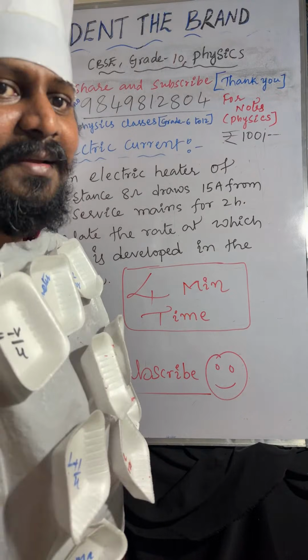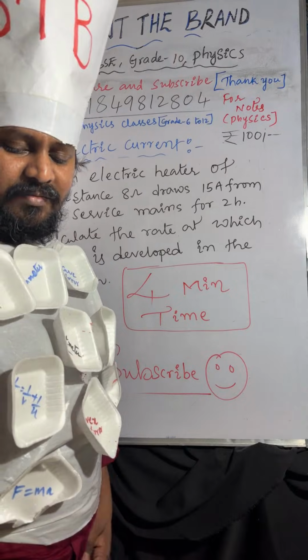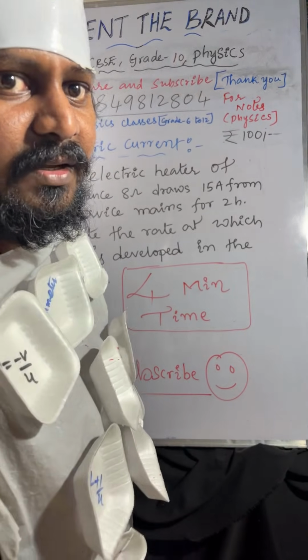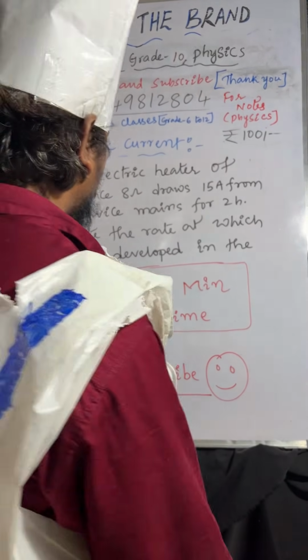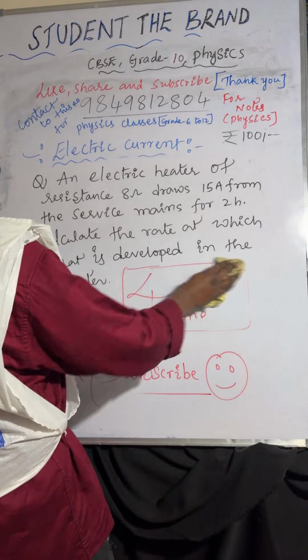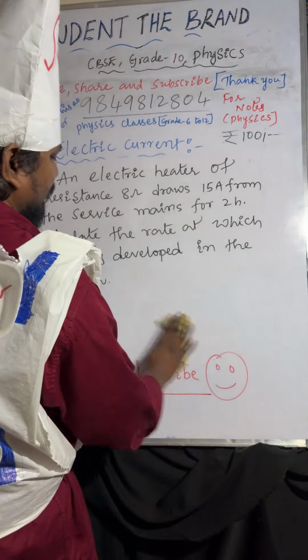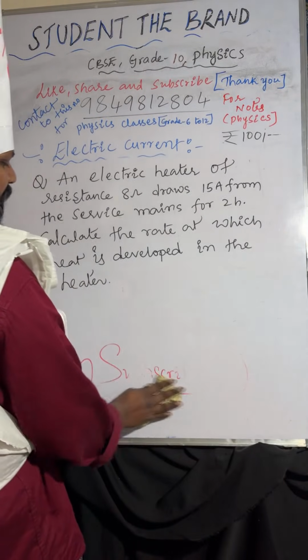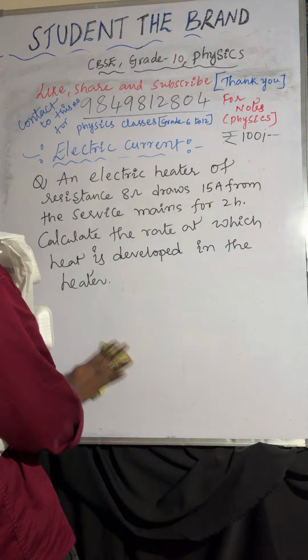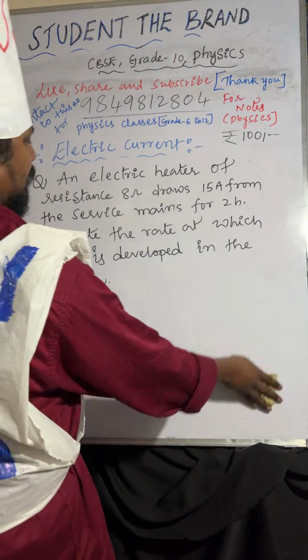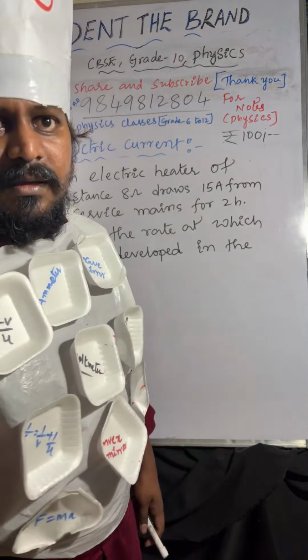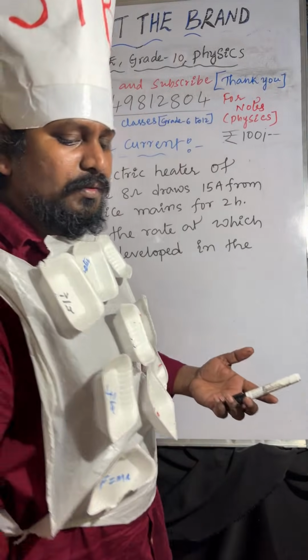Maximum members are telling 192, like kilowatt hour. They asked the rate at which heat is developed, which means power. They are asking for power even though they gave time. I'll tell in two methods.